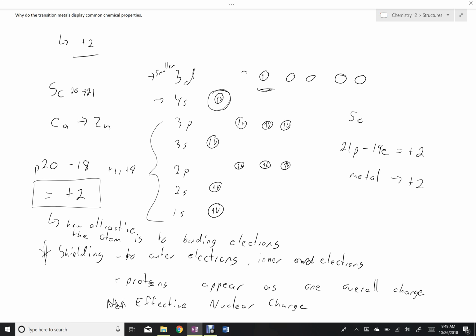As I go across, I can add more and more and more electrons up here. If I added 5, for example, I would be at manganese. But my proton number would go up at the same time. So now I'd be up to a proton number of 25 and an electron number of 23, and I'd still be sitting at an effective nuclear charge of +2 with 2 possible electrons to give away.